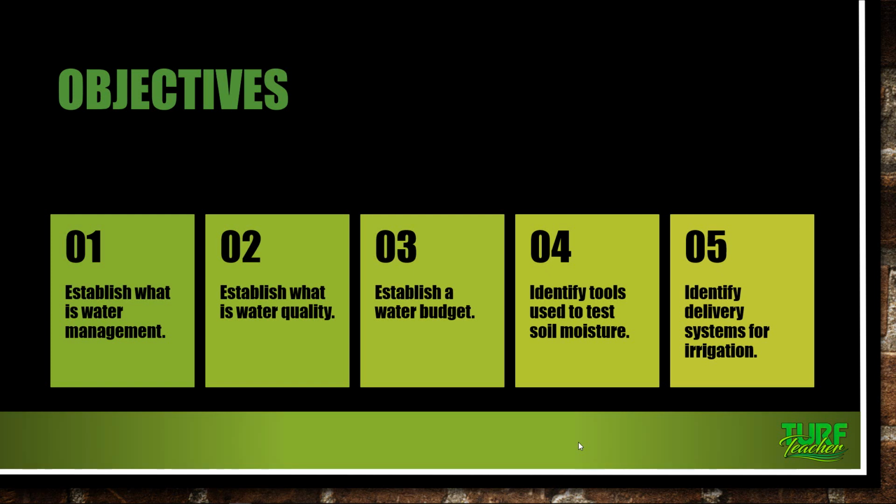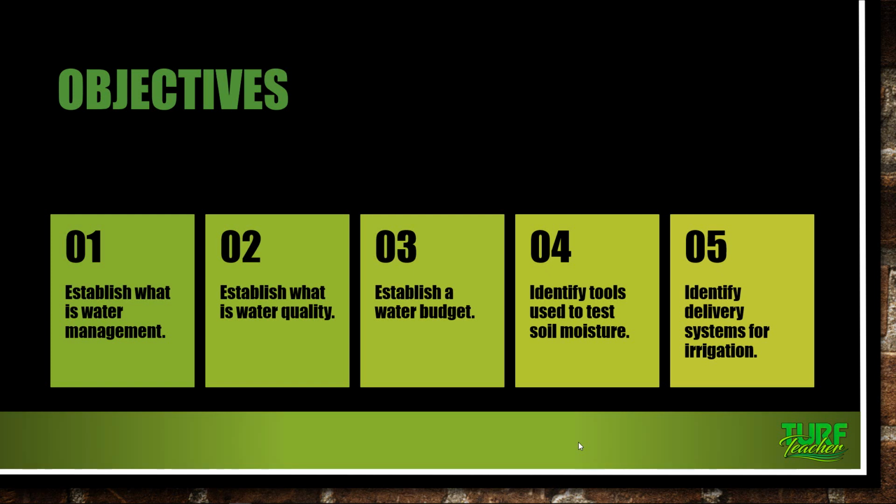But we've got to come up with that baseline formula and then figure out how much water we can allow, what is the requirement for our plant material and our turf grass on each property. And that's how we can come up with our water budget.